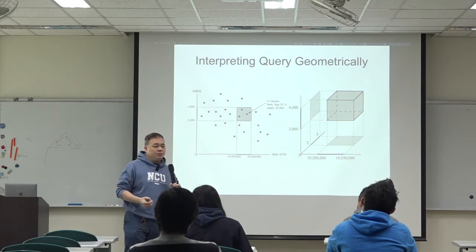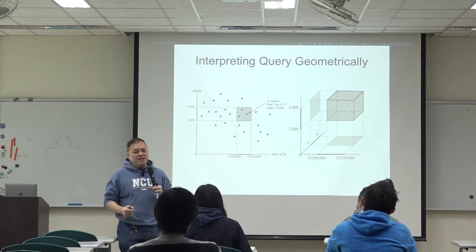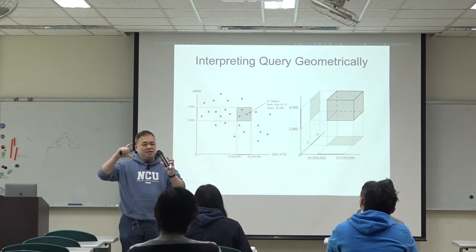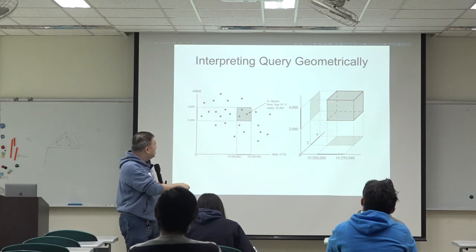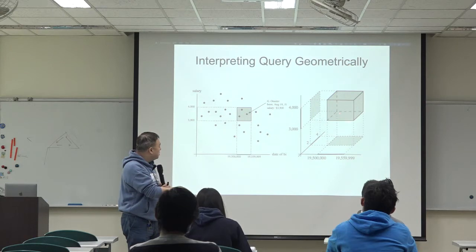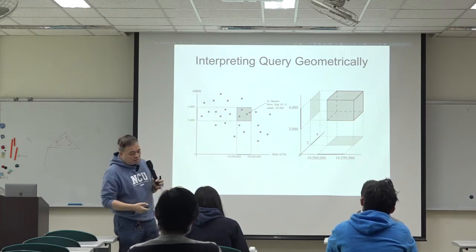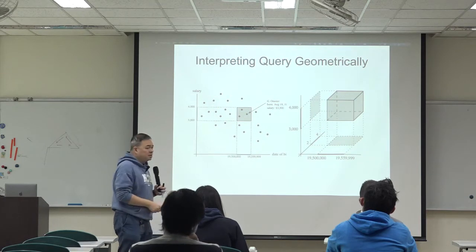And your range query will become finding the points inside a certain shape, the points inside this shape. So how do we efficiently do that?